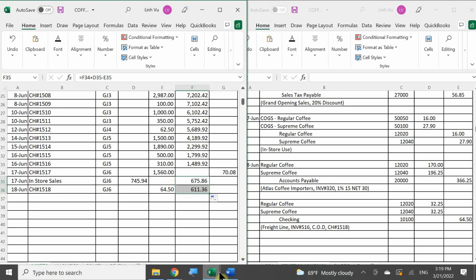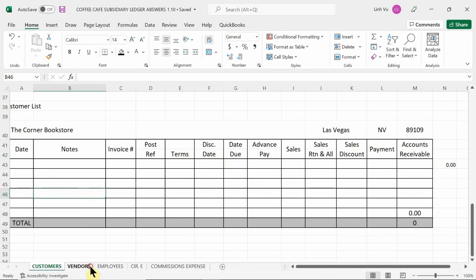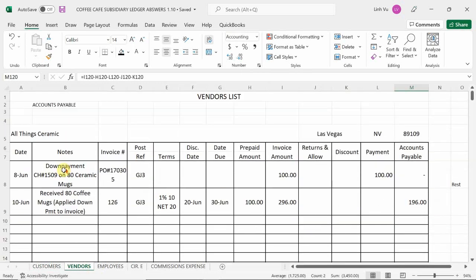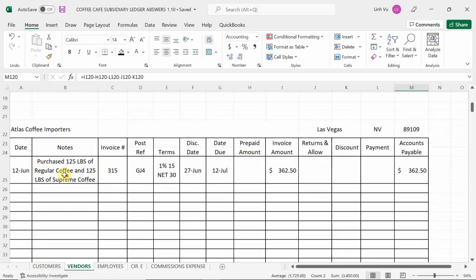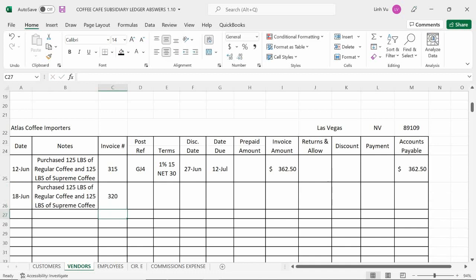So, first bill I have here is for my vendor for the Atlas coffee. Right? I purchased 125 pounds regular coffee and 125 pounds of Supreme coffee. Invoice number 320.